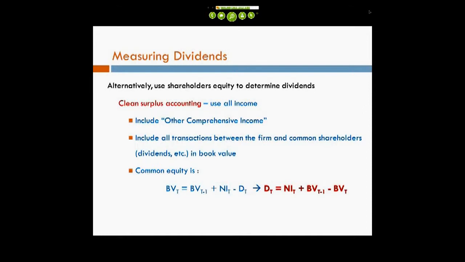That's a common accounting thing. So we just spin it and say dividends are equal to your net income plus last year's book value minus this year's book value. Basic accounting rule, just looking at it from the point of view of dividends.